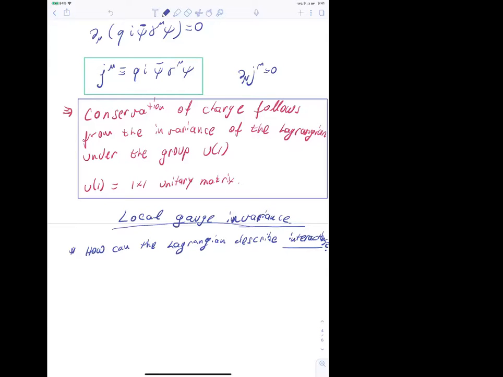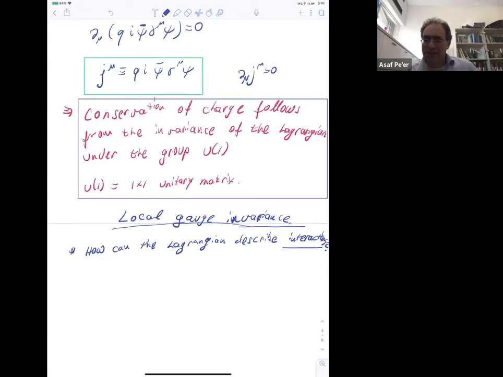Cool. You know, a free particle is great, but if you want to have a theory, the theory should not just describe the free particle, but should describe how the particles interact with each other, right? And the related question is, is every interaction allowed, or are there interactions which are not allowed? Is there any certain principle which tells us which interactions a particle can undergo? We know that some particles undergo certain interactions and do not undergo other interactions.